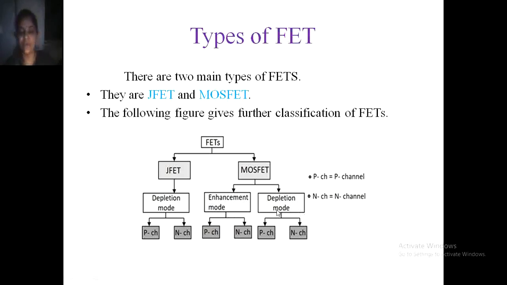According to the mode in which it operates as well as the construction, it is categorized as enhancement mode P channel, enhancement mode N channel, likewise depletion mode P channel and depletion mode N channel.